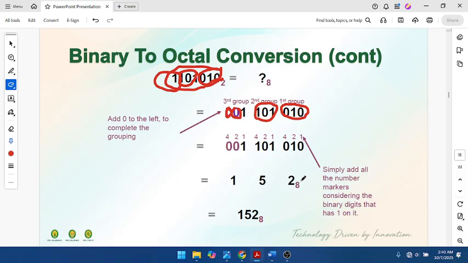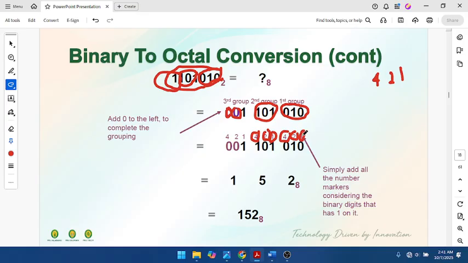So since this is base 8, the markers start with 1, 2, 4, no? So we have 1, 2, 4, another 1, 2, 4, no?